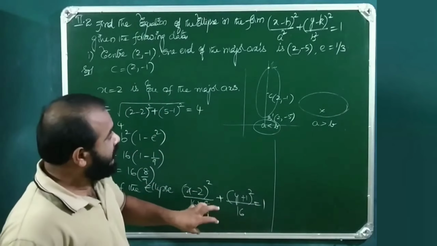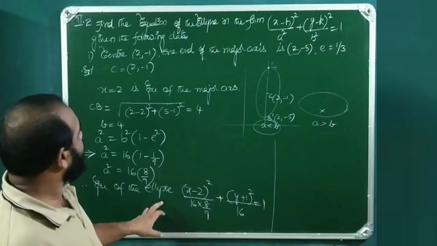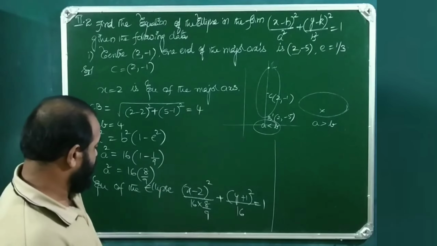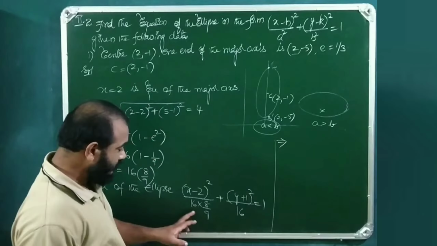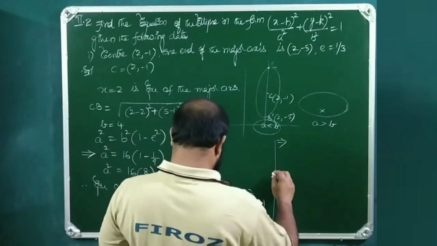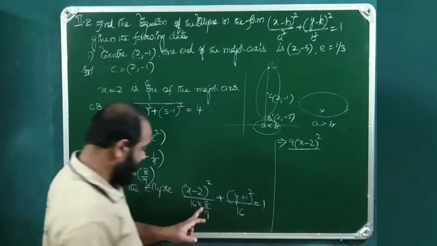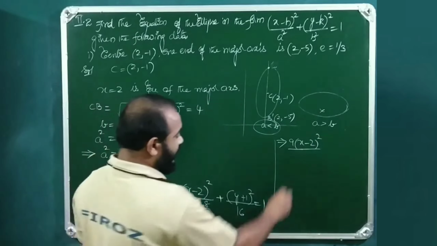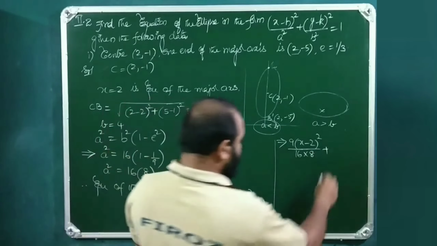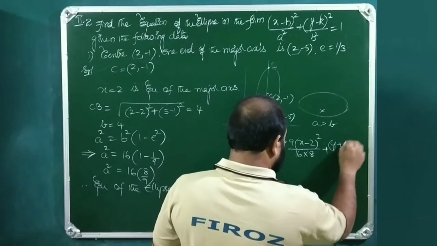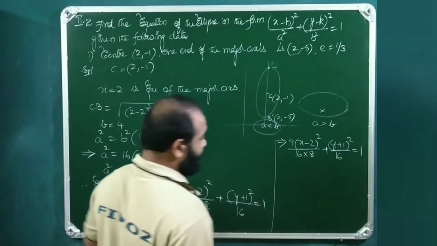This becomes 9 into (x minus 2) whole square by 16 into 8, plus (y plus 1) whole square by 16 equals 1.